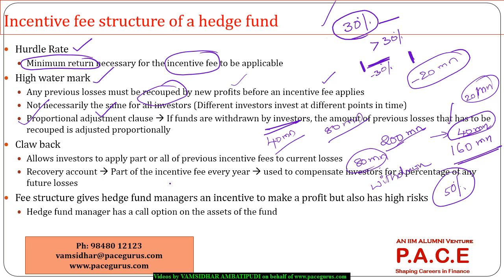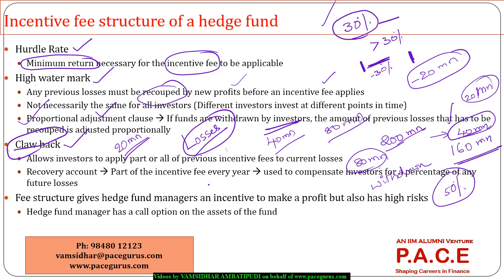Then there could also be a clawback provision, which is like, in case you have generated losses in the current year. Last year you have generated a profit and you have taken, let's say, 20 million as an incentive. But this year you have generated the losses, and because you have generated the losses, instead of simply saying I will not give you an incentive this year, there is also a provision for clawing back.